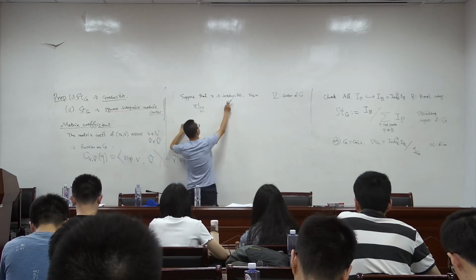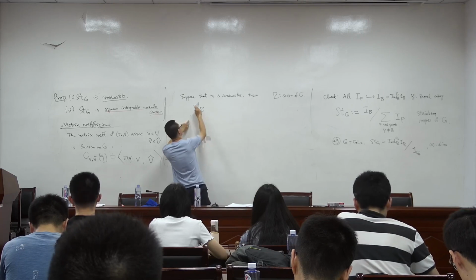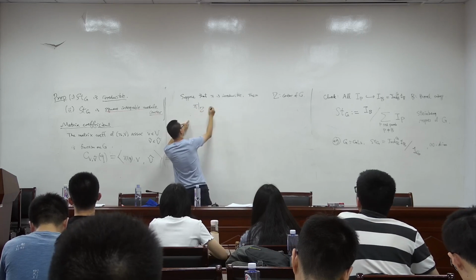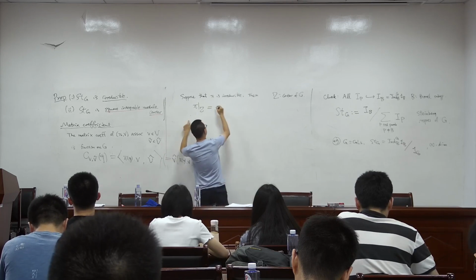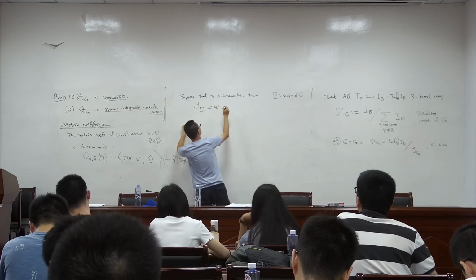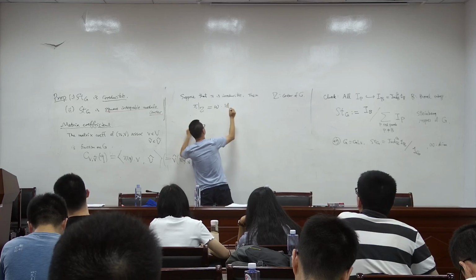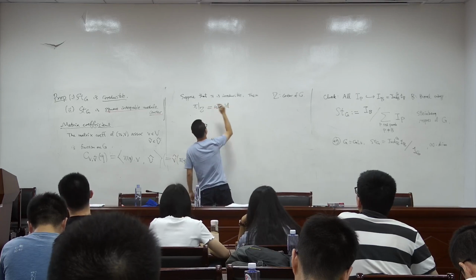If pi is irreducible, then the restriction of pi to Z is equal to a character times the identity operator on V.